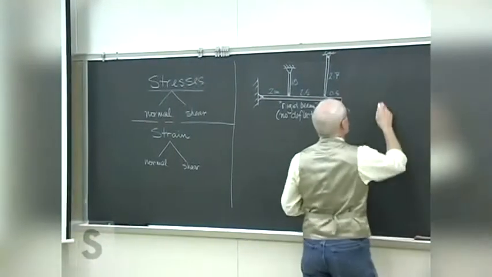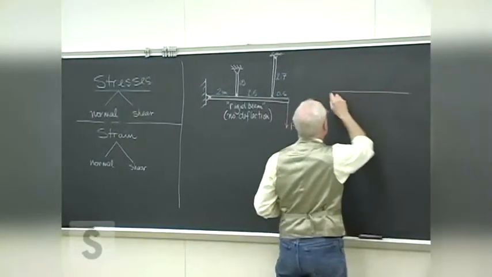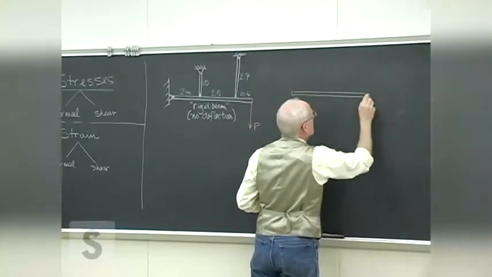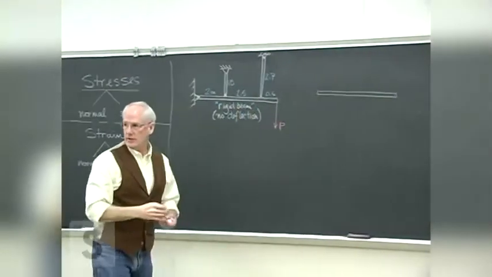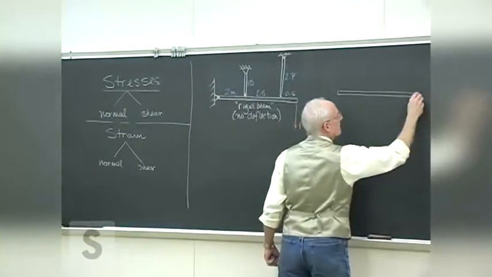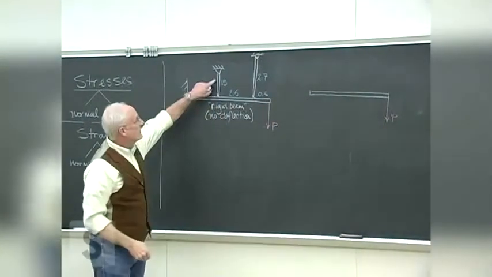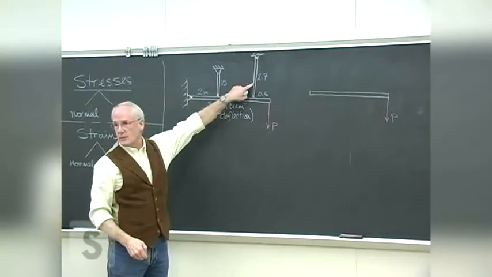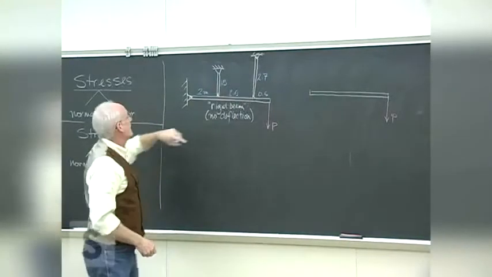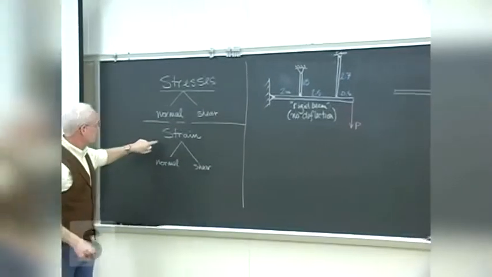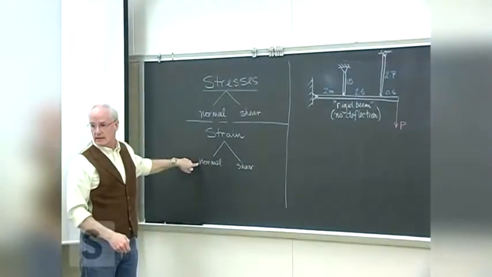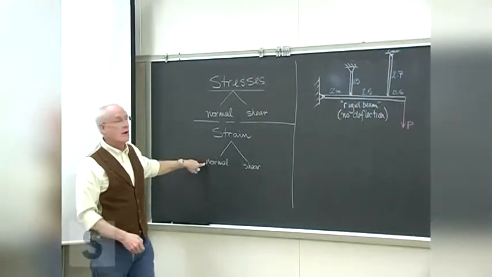However, with what we're doing so far, what will happen as this rigid beam is loaded is that these two members will absorb that load, and because of the natural strain, the normal strain in those members, they will elongate.